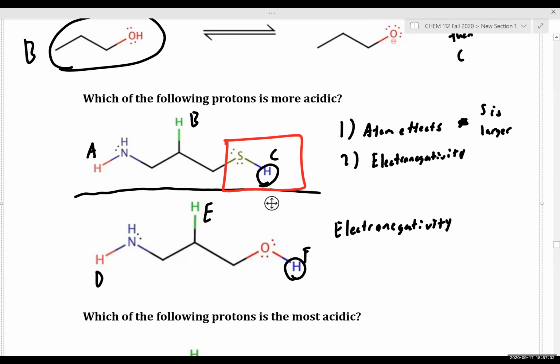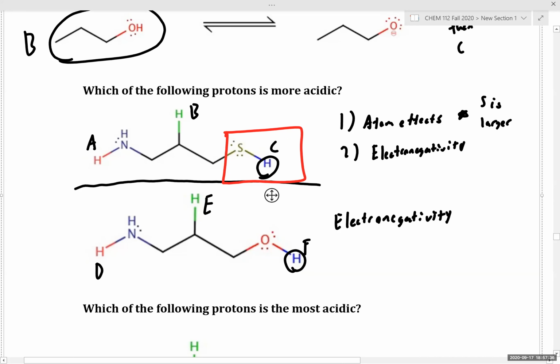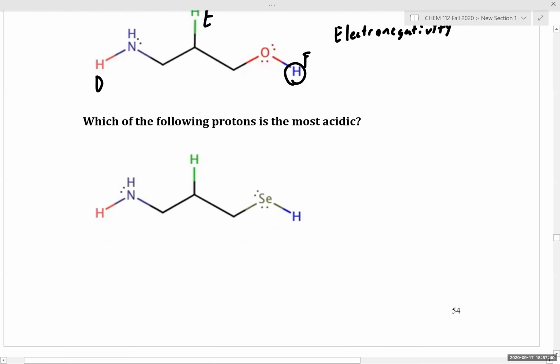Does this make sense to everyone so far? Okay, perfect. So let's now take a look at the following molecule, and I'd like you to tell me which of the following protons is the most acidic, A, B, or C. And don't be shy to type in the chat.